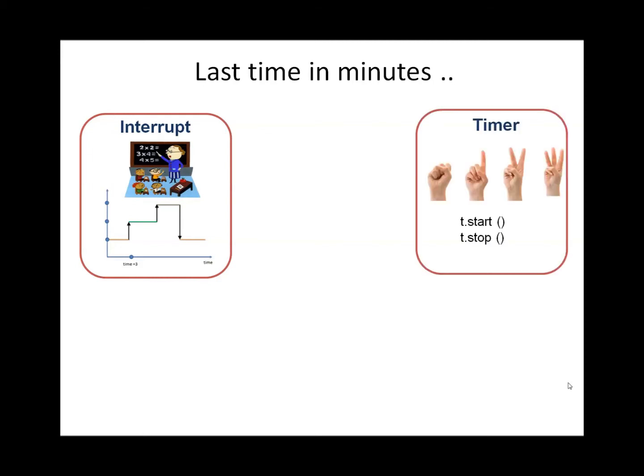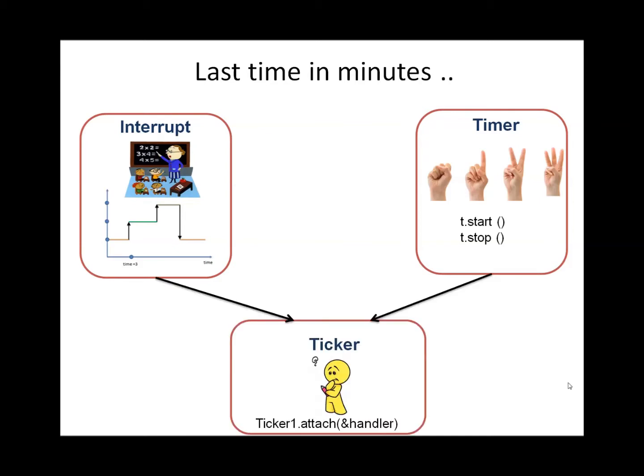And we had timers. We introduced timers in mbed, which is like a stopwatch, 1, 2, 3, 4. It's not like a UTC or GMT timer. It's like a stopwatch. And then we combine both in something called ticker.